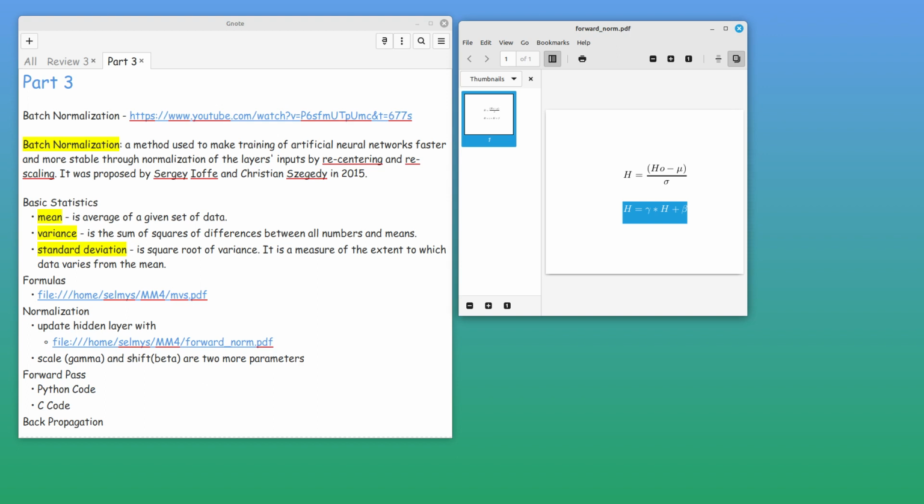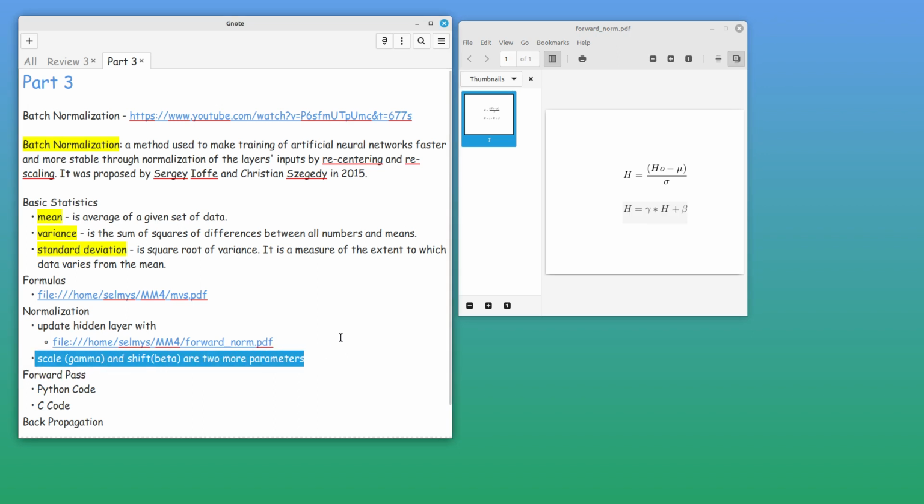Basically, down here, gamma, the scale, and beta, the shift, are just two more parameters. You can treat gamma and beta like weights and biases, because during backpropagation we're going to have to find their gradients to update those two parameters.